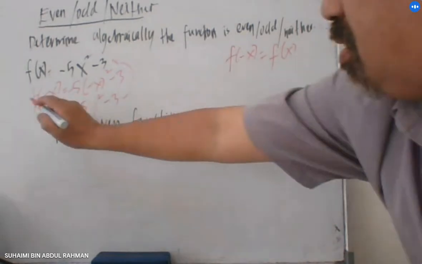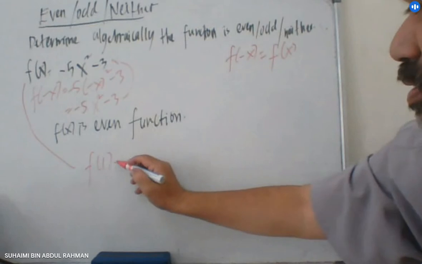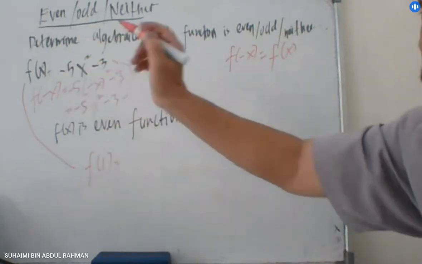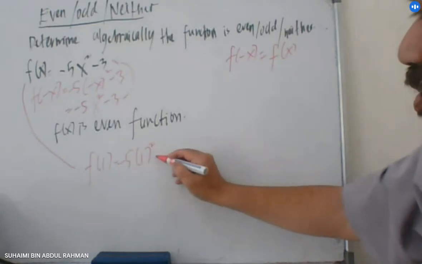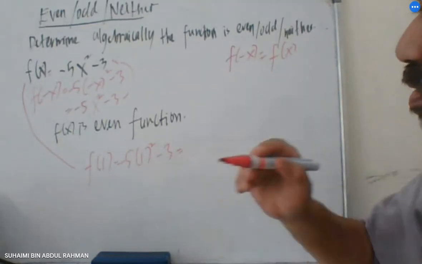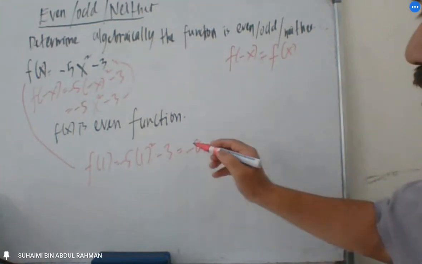Okay, you can try putting 1 first. Minus 5 minus 1 squared minus 3, what do you get? Minus 8, right?